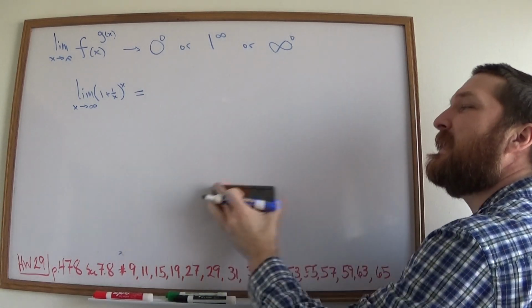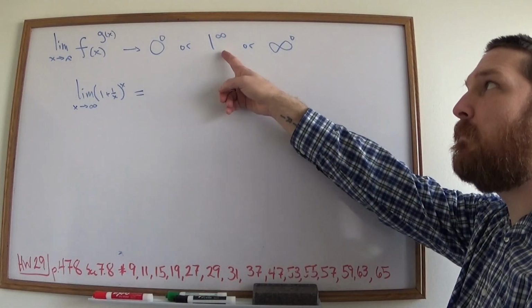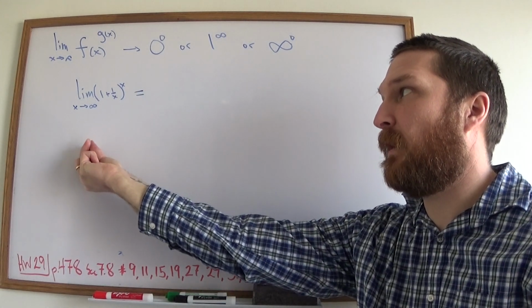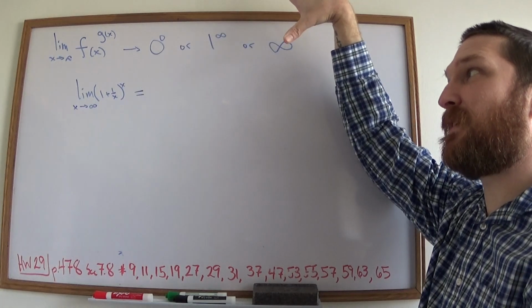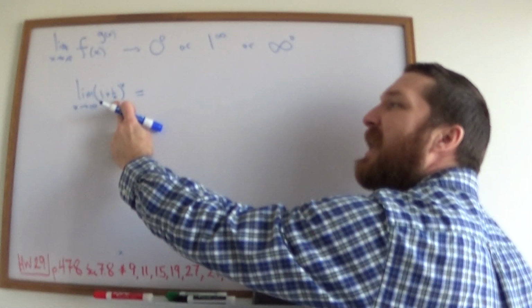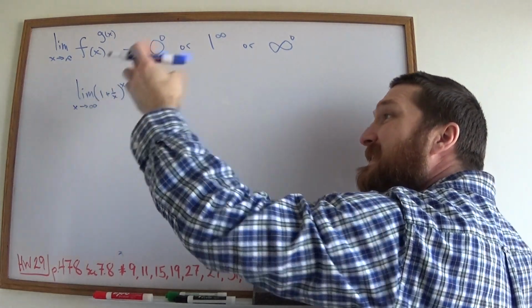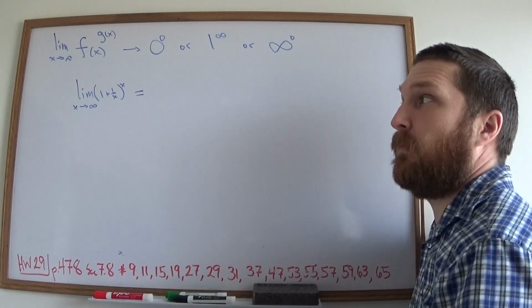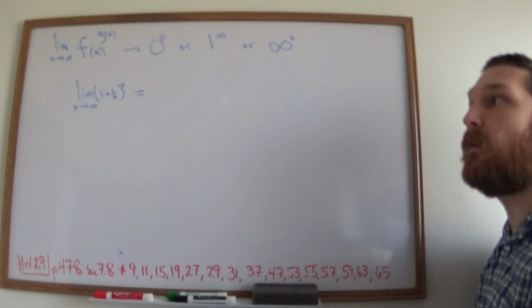So you see why it's indeterminate. You can't just say, oh, it's 1. Something's going on here. It depends how fast this guy's going down to 1 and how fast that guy is going to infinity. If he takes forever to get down to 1, then he might blow up for all we know. We don't know. It's indeterminate.